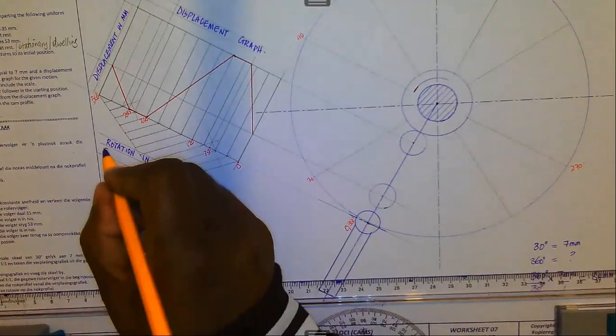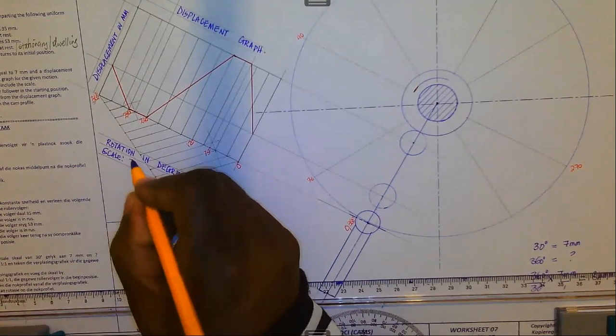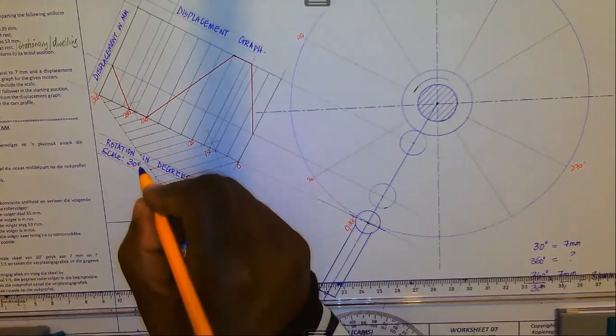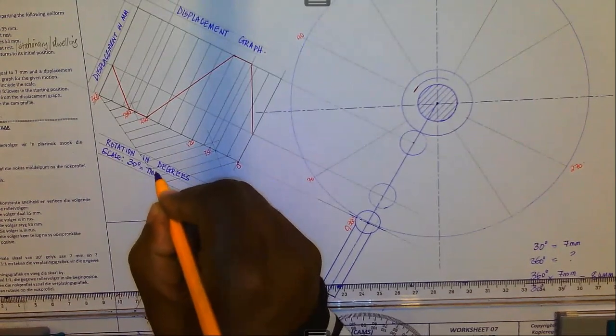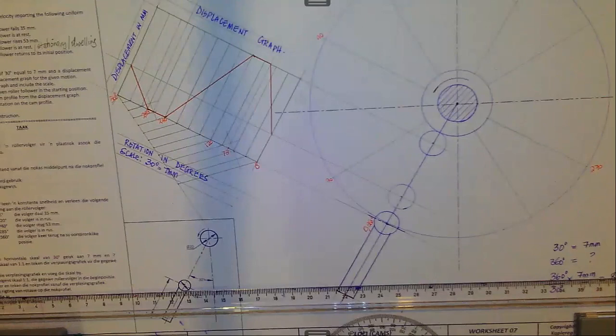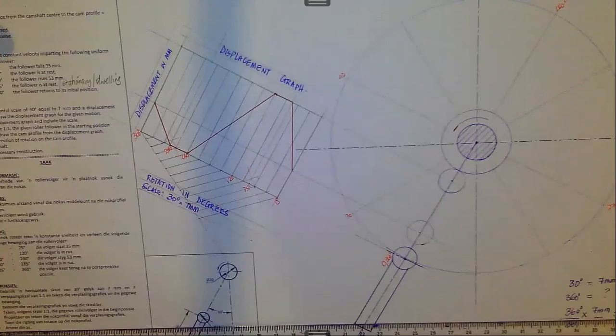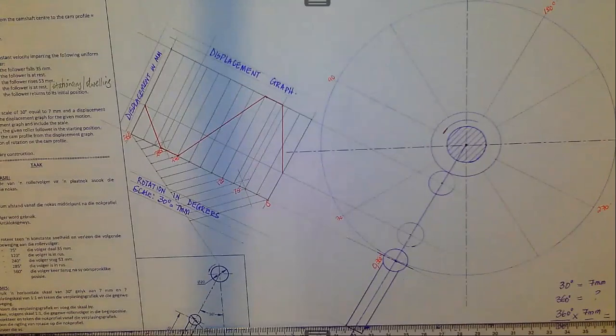Then we also specify the scale, which is 30 degrees is equal to 7 millimeters, like that. So those are the labels required to make sure that we are able to draw our diagram properly. Let me just position it properly.